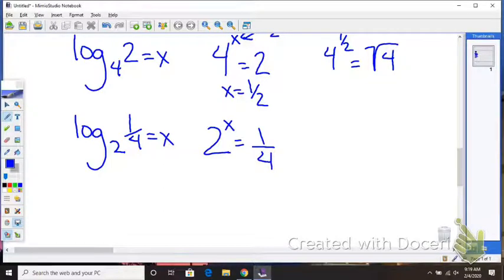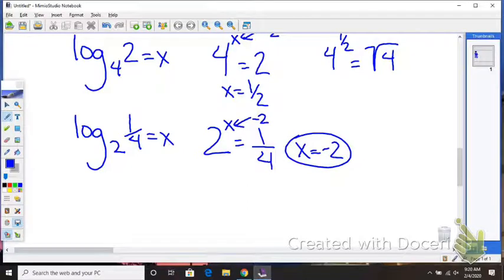If I know 2 to what power is 4? 2. 2 to the second power is 4. But I want that 4 to be on the bottom. So what kind of 2 am I going to have here? Negative 2. Whenever I can get to 4, but I need it to be on the bottom, this is going to become a negative exponent. So here x is equal to negative 2.